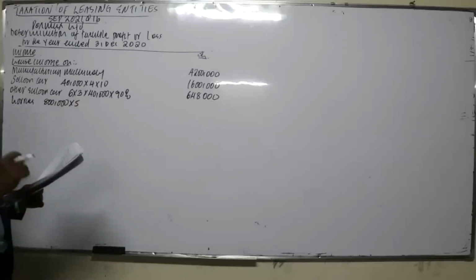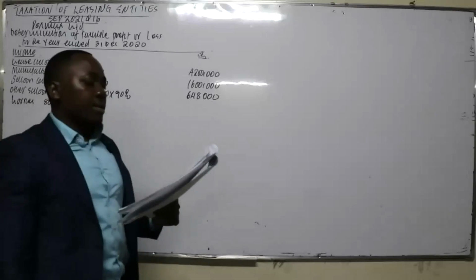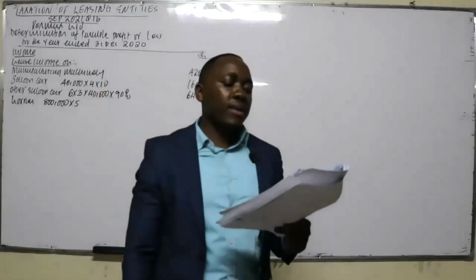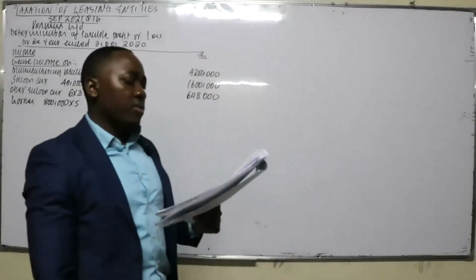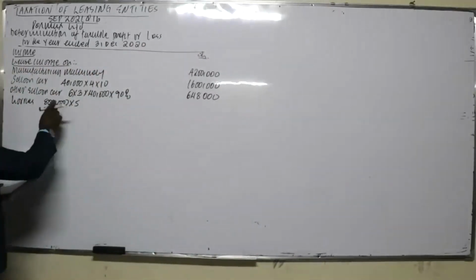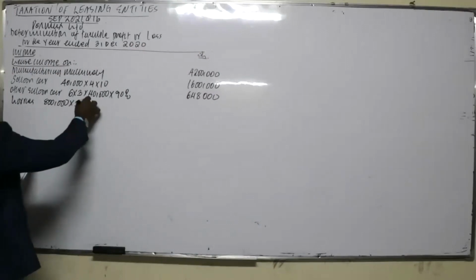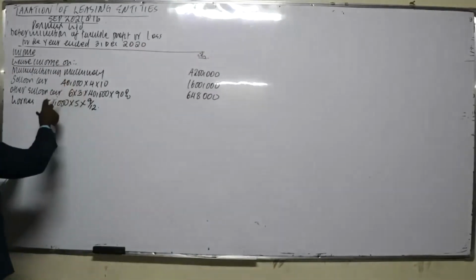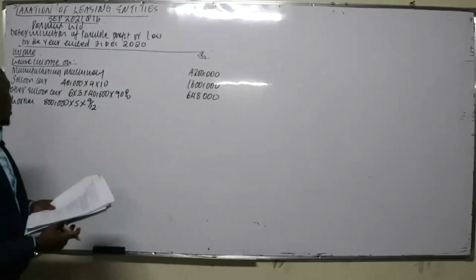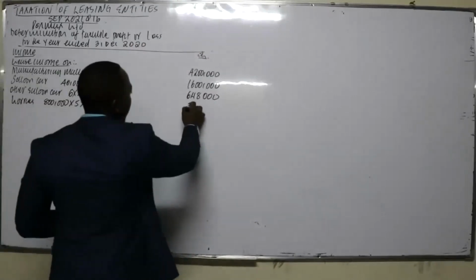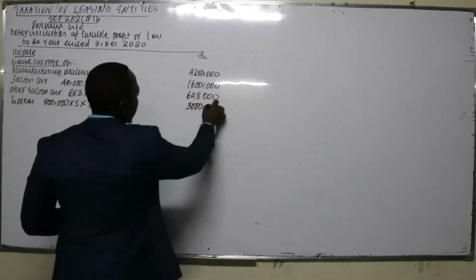But remember, 800 is per annum. But we are told that, however, the lease was terminated after 9 months after it was found that the lorries had serious mechanical problem. Remember, the 800,000 was per annum. So you multiply by 9 over 12. Is it 3 million? Get 3 million. Good.